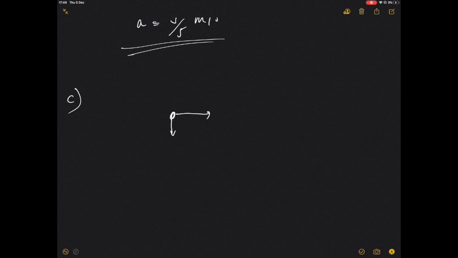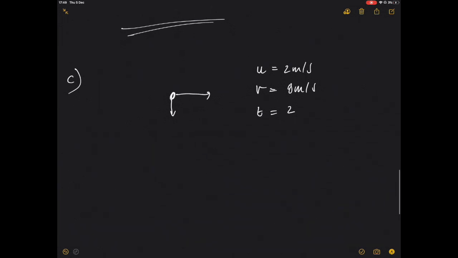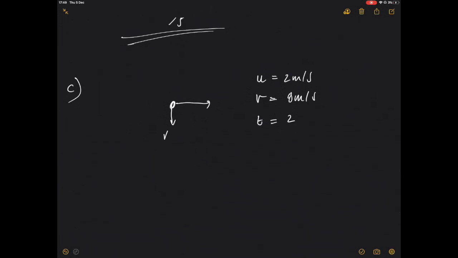Right, so this means we're going to have to use some of the stuff we looked at last week. So we say it starts at u equals 2 meters per second and v equals 8 meters per second, in a time of 2 seconds, and the mass equals 3 kilograms.